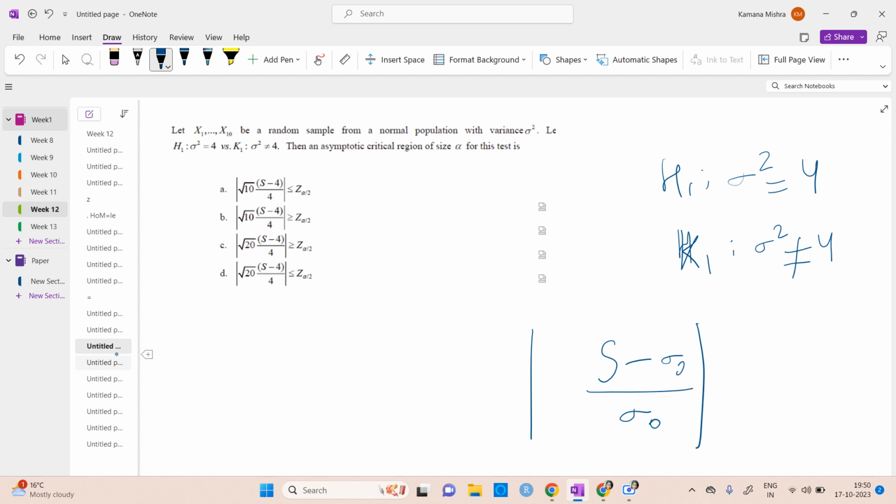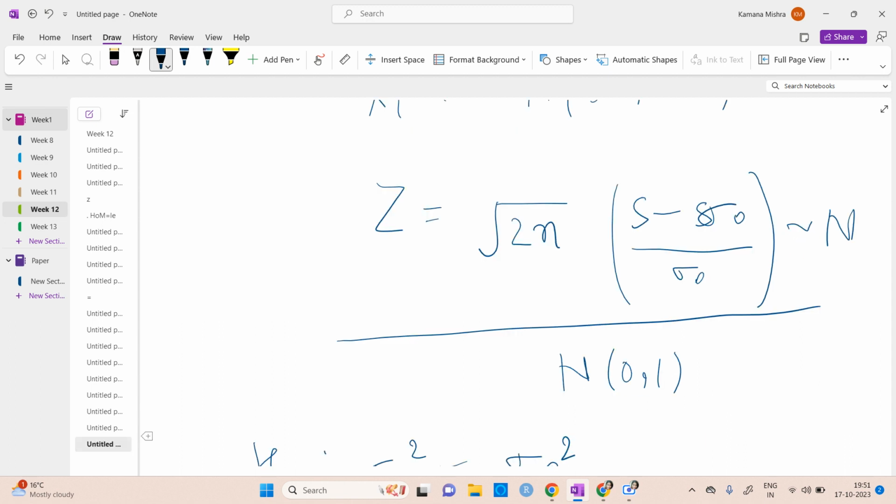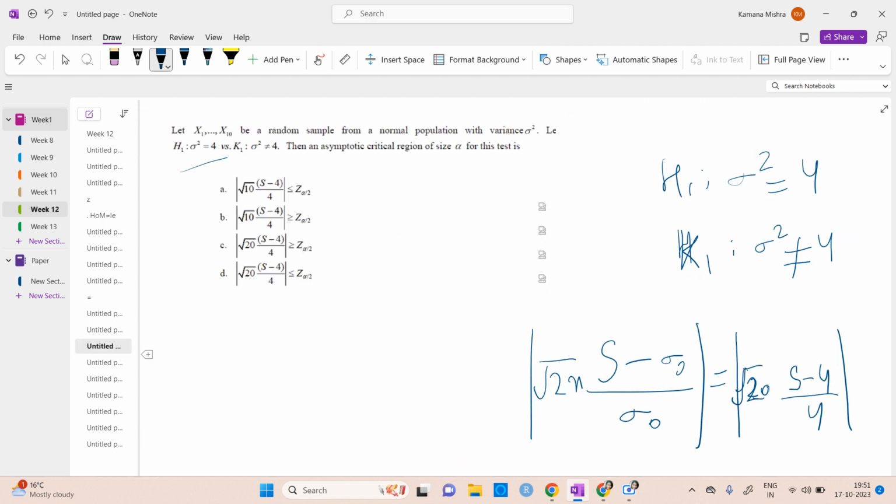Here n is 10, so it would be the square root of 20 times s minus... Since we are dealing with sigma square, we subtract sigma square, which is 4; the earlier test was for sigma. If you are testing for sigma square, then we take sigma naught square.